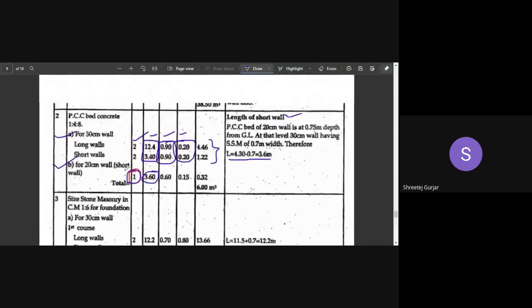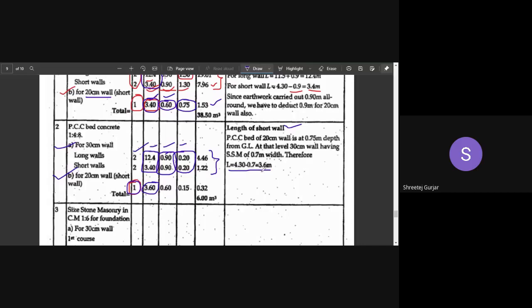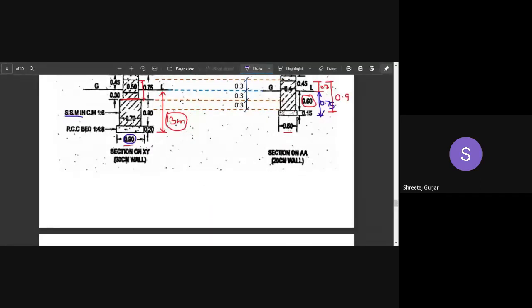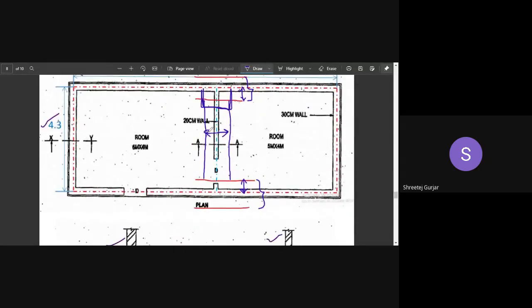So 4.3 minus 0.7 will be 3.6 in length, and the width of my PCC is 0.6.